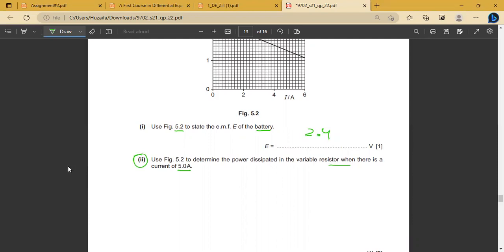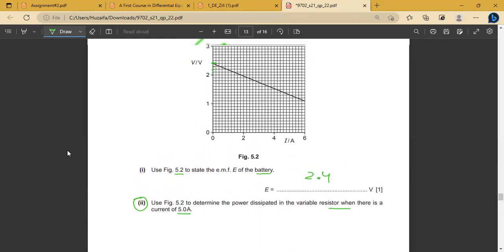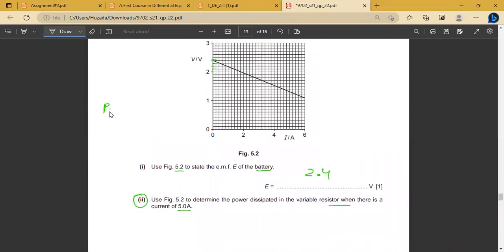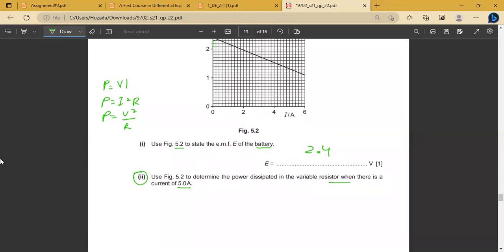First we'll write the power formula. There are three different formulas: P equals VI, P equals I square R, and P equals V square upon R. There are multiple formulas, but we will choose based on the data given here.